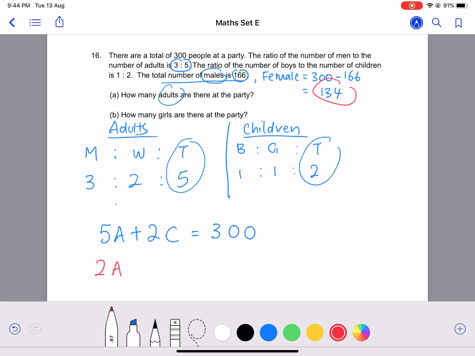Now the reason why I do not use W is because in this case, I'm trying to keep my algebra, my unknown A and C, just A and C. If I introduce a new letter called W and G, you will not be able to see the pattern. Later you will see why. Okay, I have 2 adults, the girls, that's why I put in red color. Girl is 1 from the children side, is a total of 134.